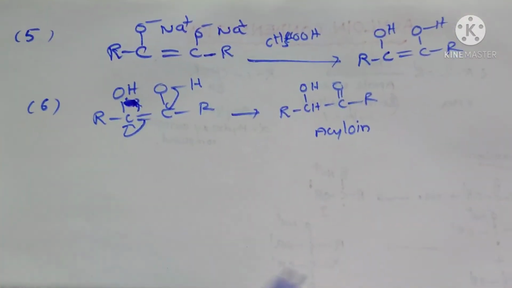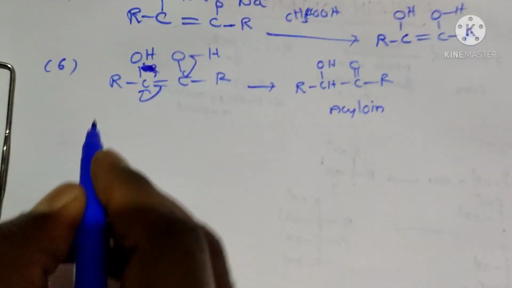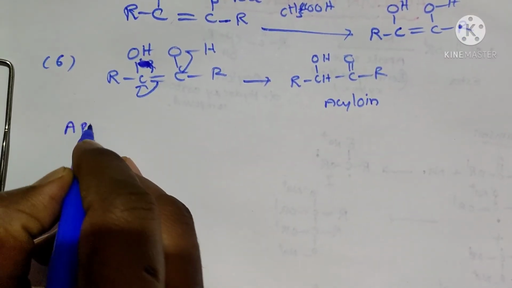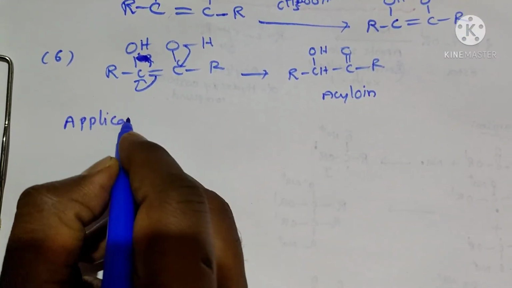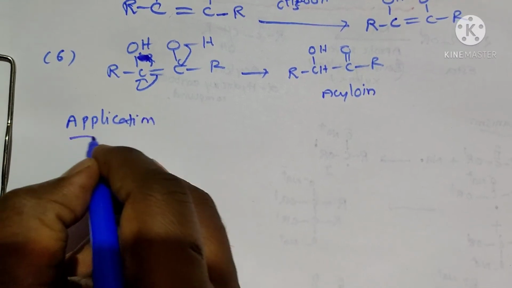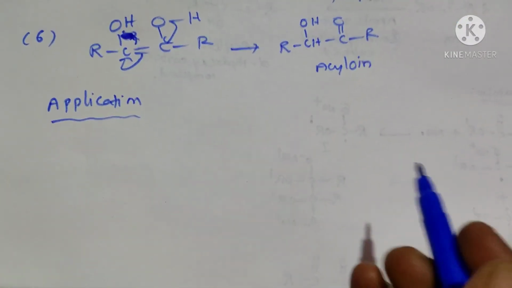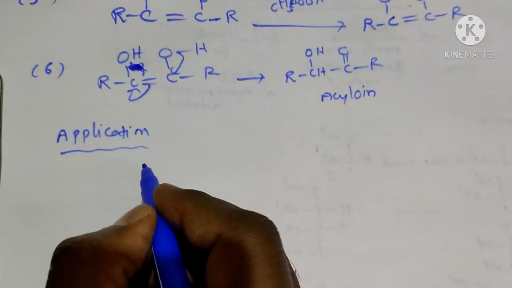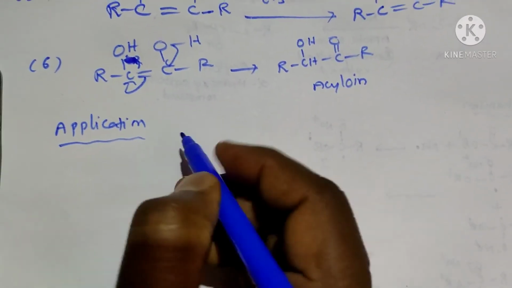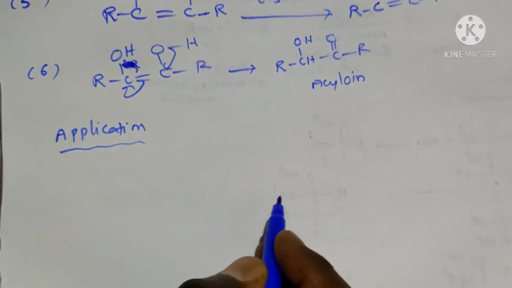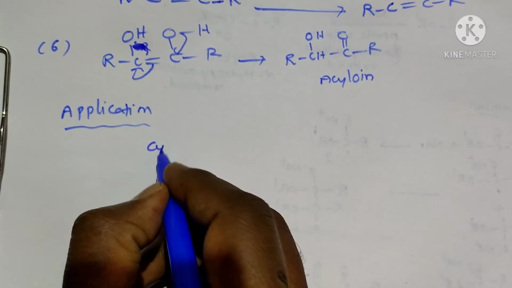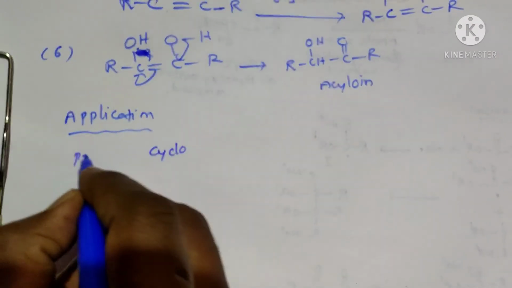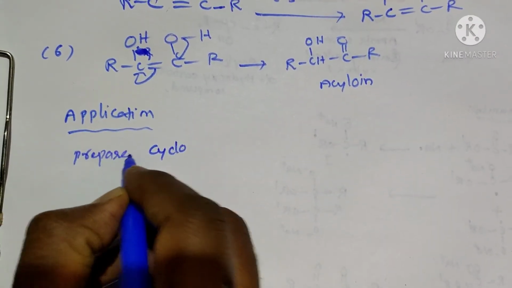Now we go for the main application of this Acyloin condensation. By using the Acyloin condensation, we can prepare the cycloalkanes. So it is mainly used to prepare the cycloalkanes.